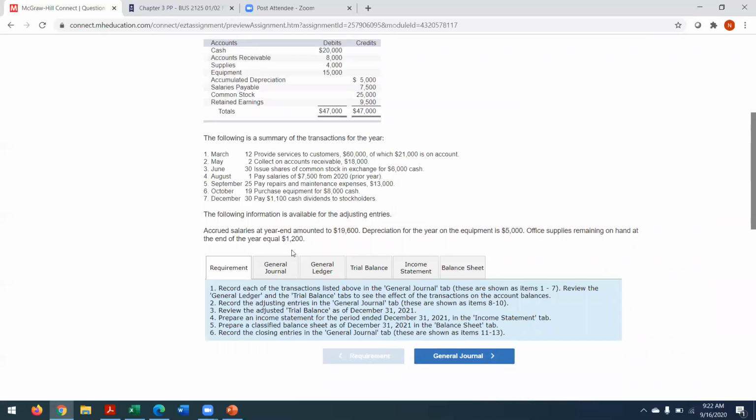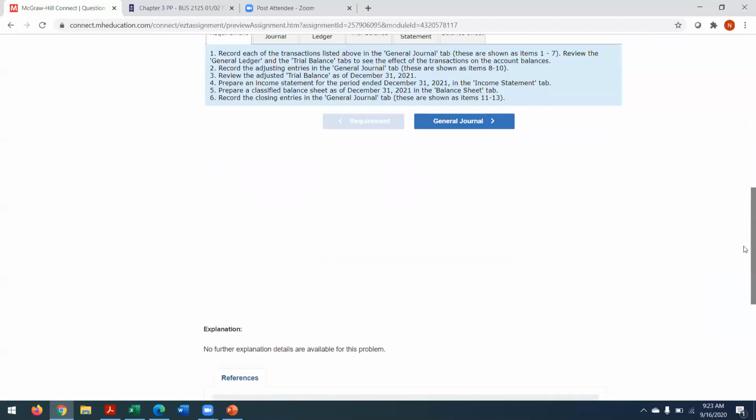So then what it wants us to do is record each of the transactions in the journal tab, review the general ledger and the trial balance tabs to see the effect on these accounts, record the adjusting entries, review the trial balance, prepare an income statement, prepare a balance sheet, and record the closing entries. It's a lot, and I'm going to do it all with you. Okay?